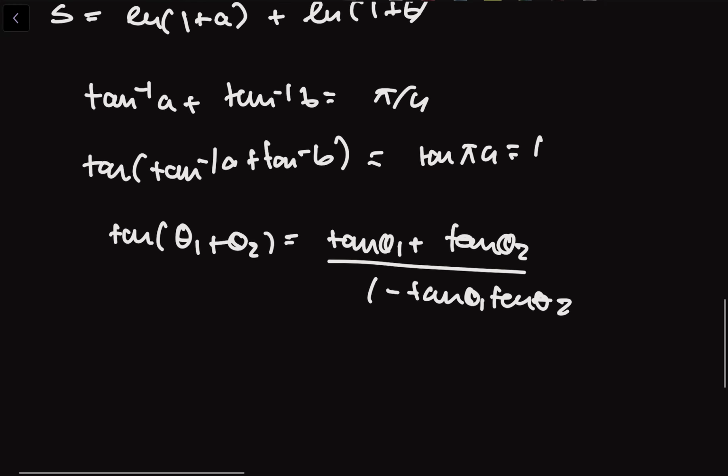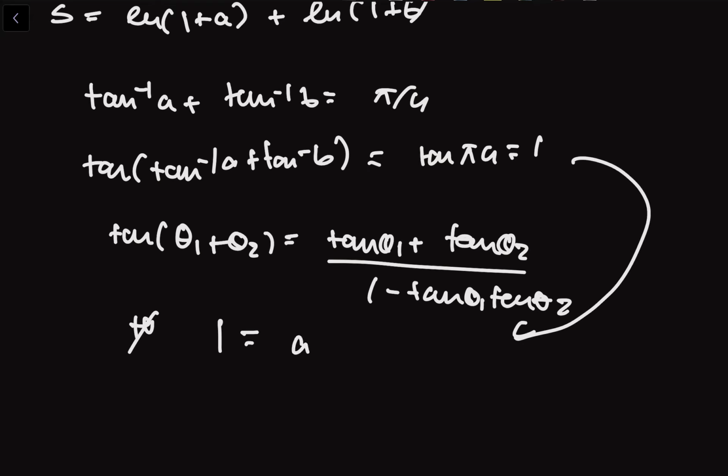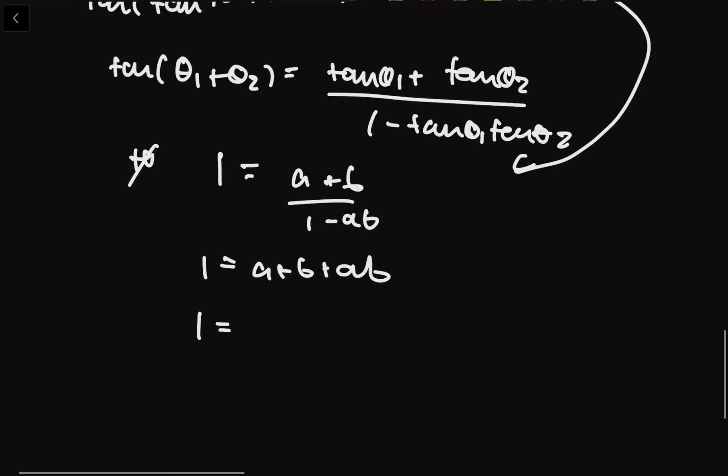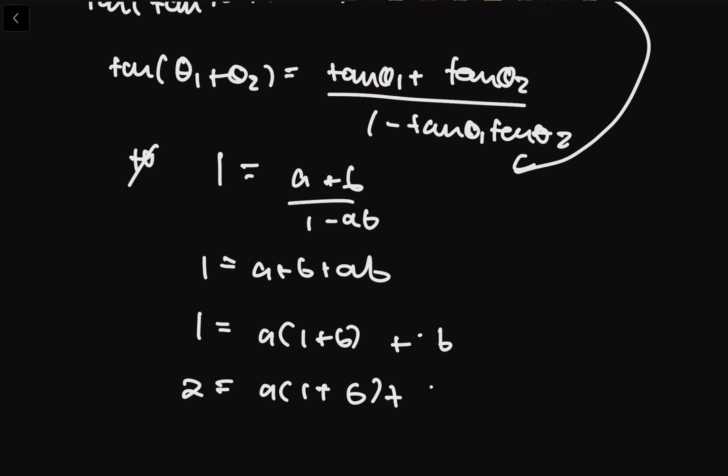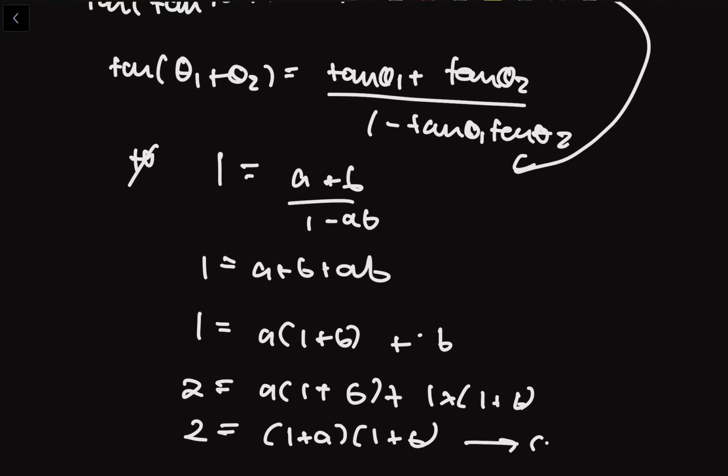So using this identity, we can say that 1 is equal to a plus b upon 1 minus ab. So 1 minus ab is equal to a plus b, so 1 is equal to a plus b plus ab, and let's factorize this. So a times 1 plus b plus b, right? We need to make it 1 plus b also, so that we can take 1 plus b common. So let's add 1 on both sides. So 2 is equal to a times 1 plus b plus 1 times 1 plus b. So 2 is equal to 1 plus a times 1 plus b. This is our second equation.